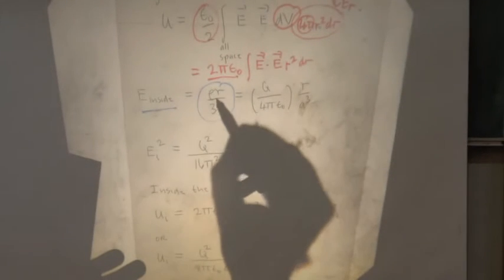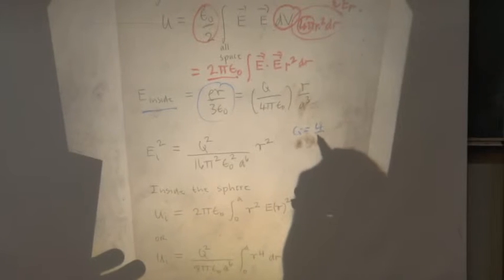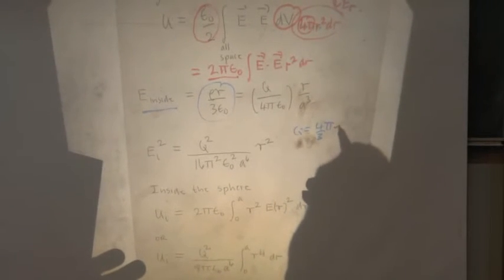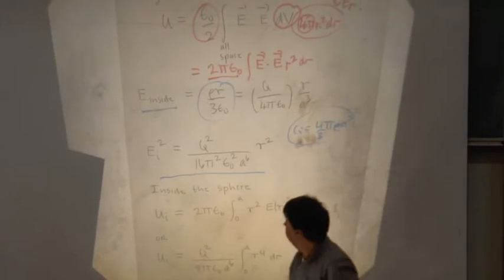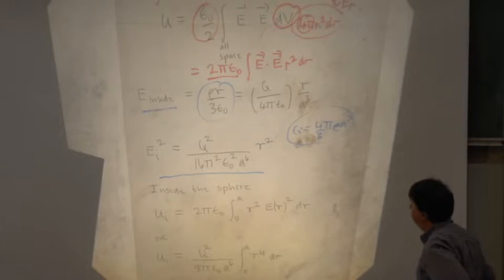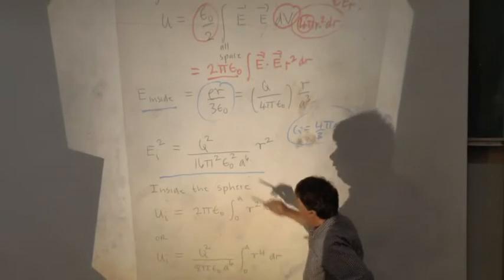We can re-express it, always using that the total charge Q is 4/3 pi rho a cubed, and we get this expression for the electric field squared inside in terms of the total charge on the sphere.